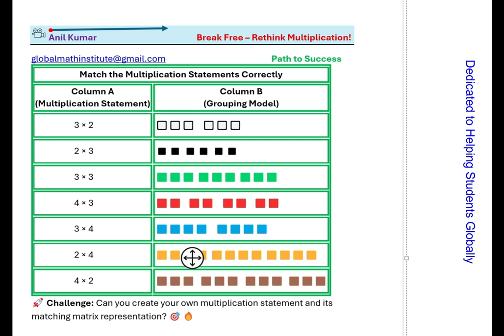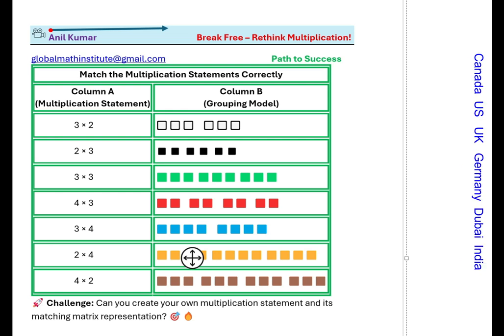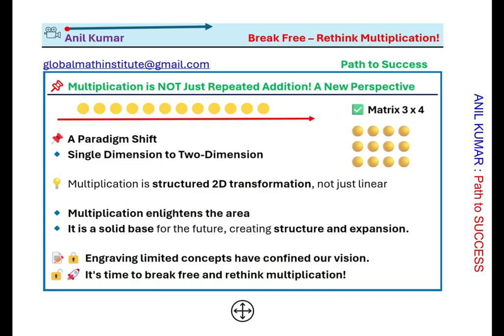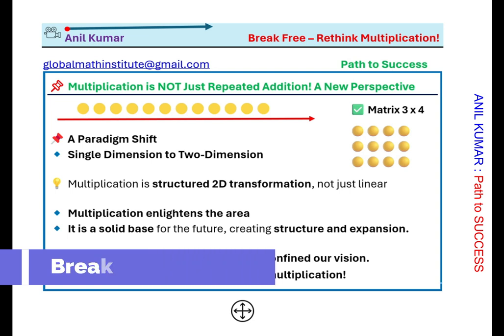So 3 times 2 traditionally will be given as 3 groups of 2 each, right? So here is the basic concept which we learned in our previous section.